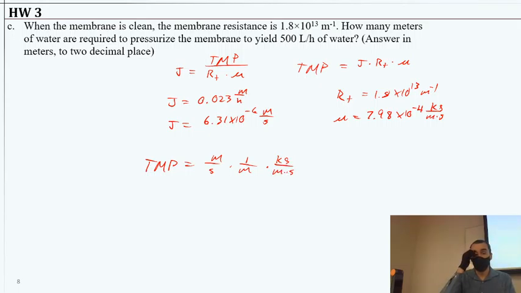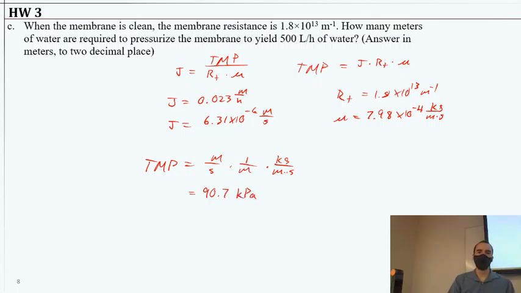That's going to leave us with essentially kilograms per meter per second squared, which is the units for pascals. And when we put in the numbers, we should get essentially 90.7 kilopascals.